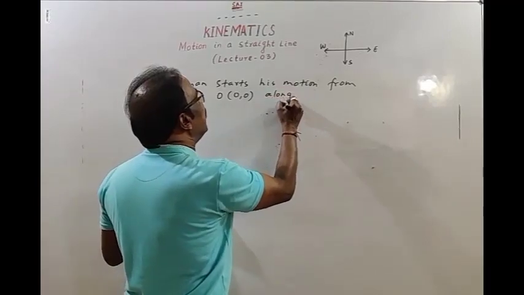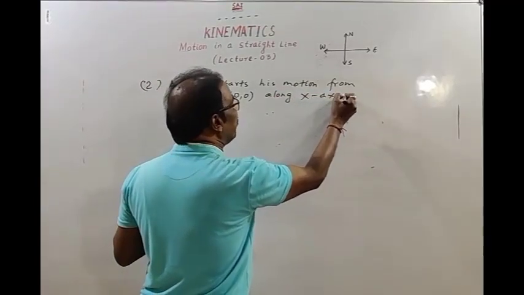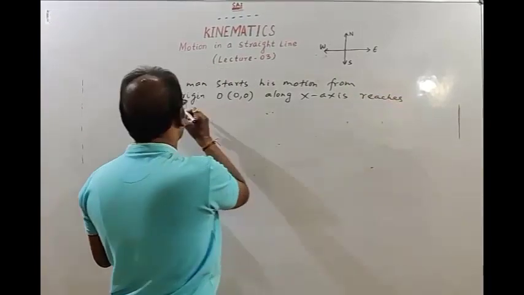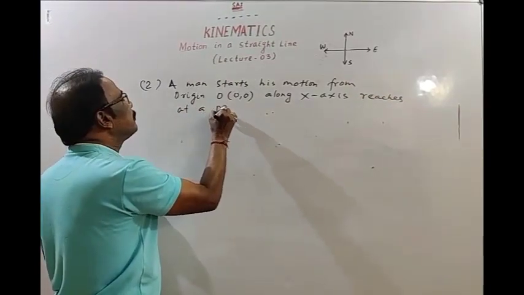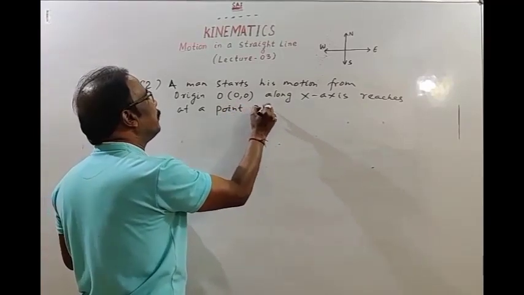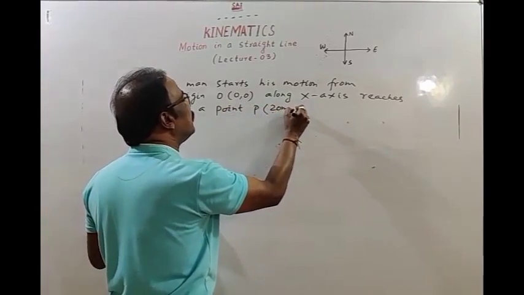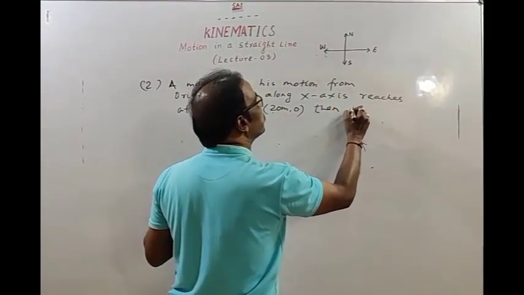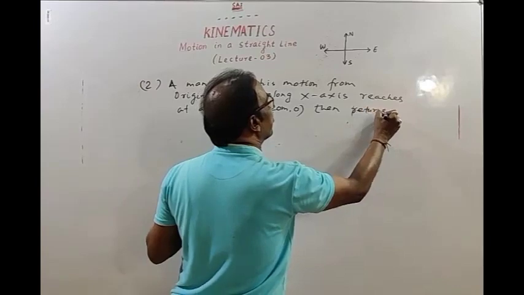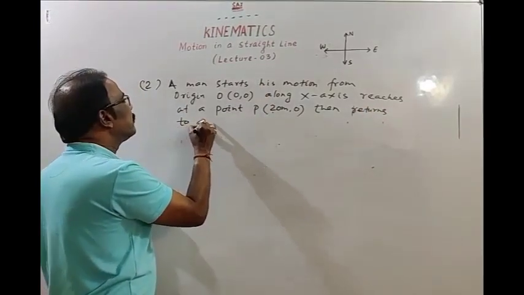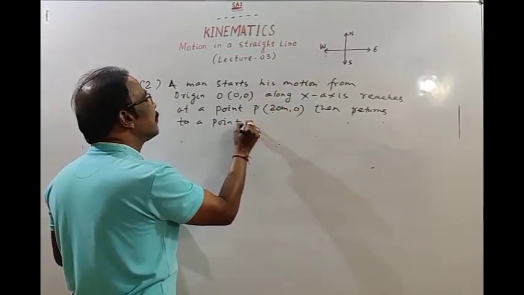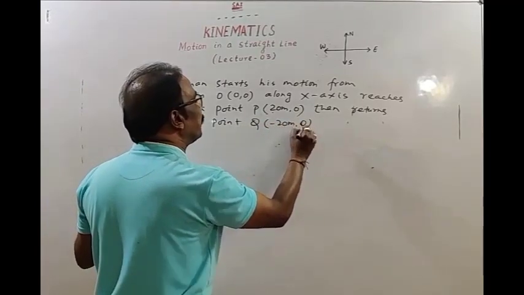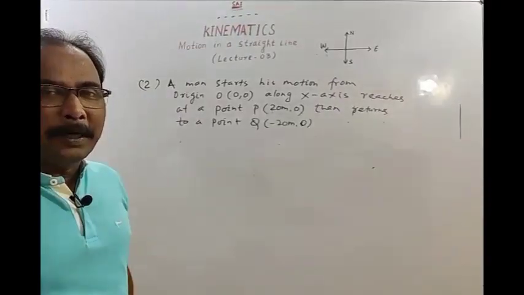The man travels along x-axis, reaches a point P where coordinates are 20 meter and 0. Then returns to a point Q where coordinates are minus 20 meter and 0. We have to find distance and displacement of the man.